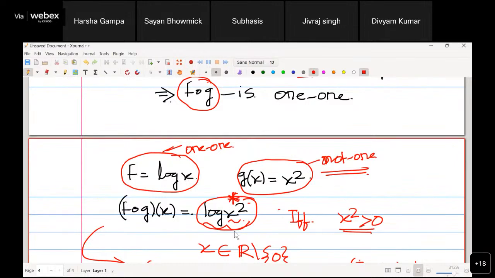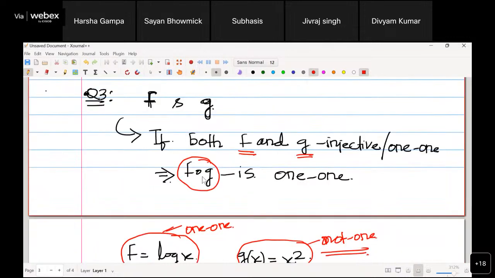How can we say this in general? There is no general method. If I have something like this, then I can say it is always 1 1, but otherwise I have to go and check.